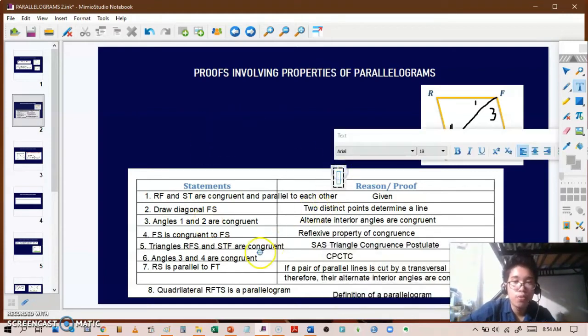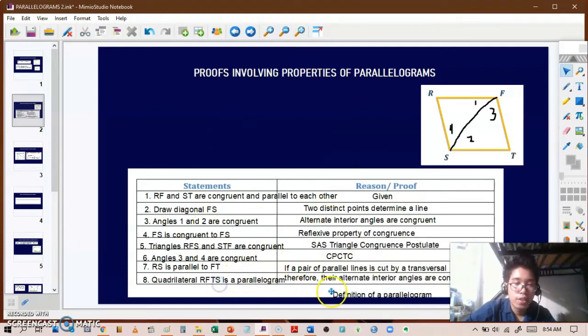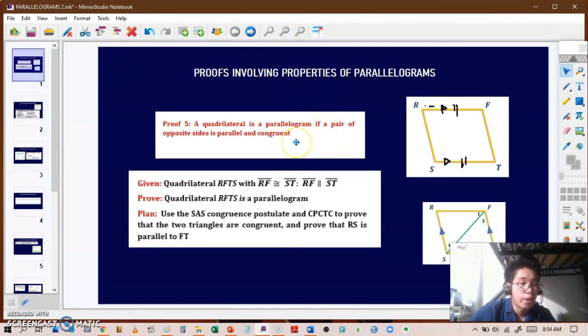That's how we do our proof for this fifth problem, that a quadrilateral is a parallelogram if a pair of opposite sides is parallel and congruent. We've proven that RS and FT are congruent and parallel, and therefore this figure must be a parallelogram.